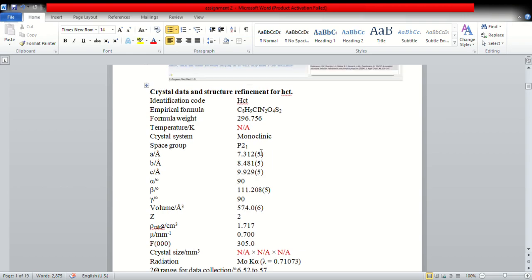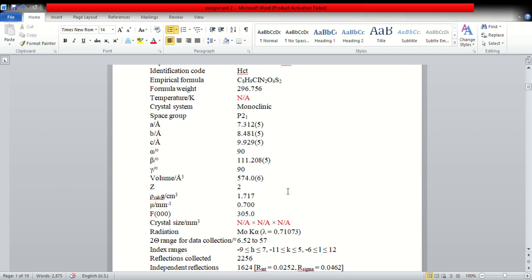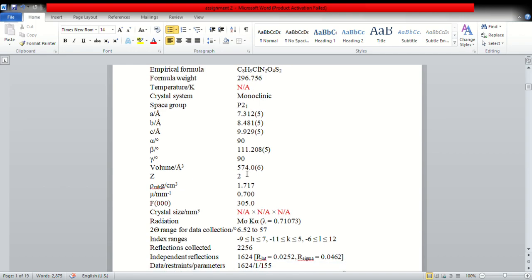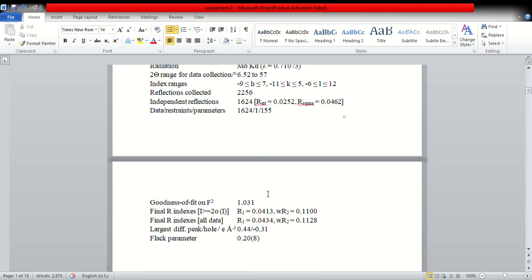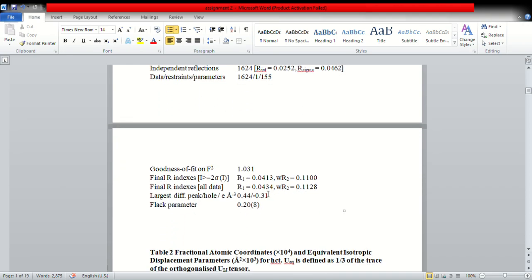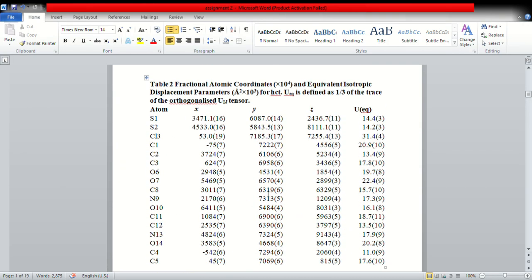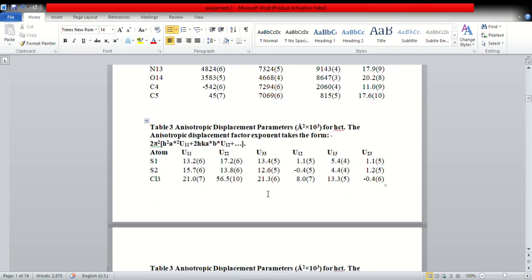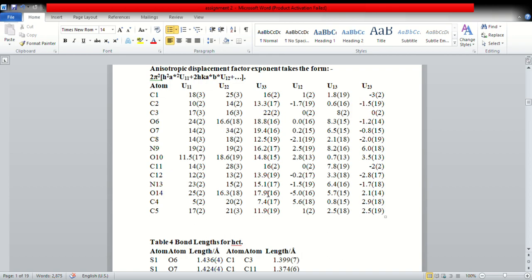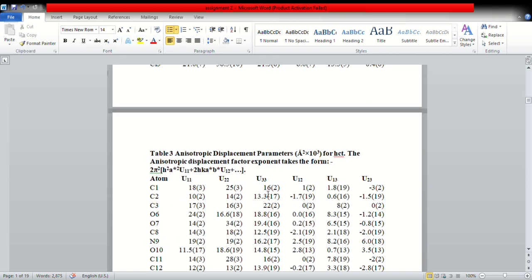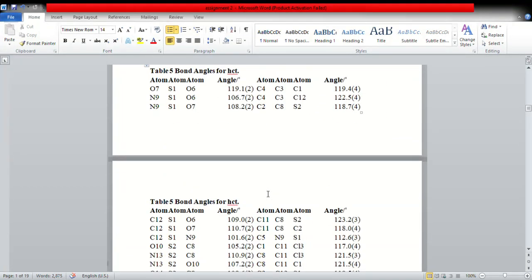Here are the parameters mentioned: its empirical formula, its formula weight, its crystal system, its space group, and also the lengths of its unit cell, its angles, the volume, and many other specifications that I mentioned. Here many tables have also been obtained from the report, which give the characteristics of the structure of folder 1, named HCT, which I have shown earlier.